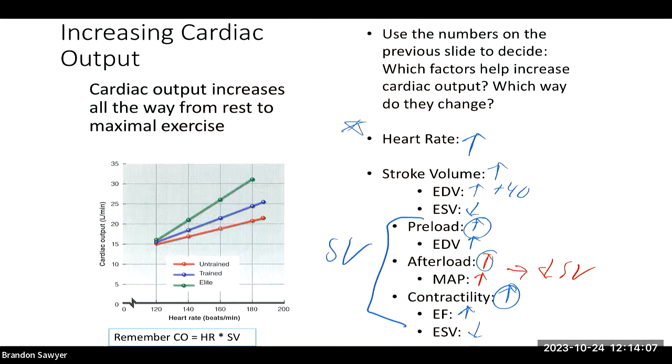But as afterload goes up, stroke volume actually goes down because it's harder to open up that aortic valve, right? We have less time of that aortic valve being open. But obviously during exercise, our stroke volume is going up. So it's just that these two pretty much override the increase in afterload. But we have to have that increase in afterload because that also means we have higher blood pressure and we can move blood around the body quicker, right? So we need that to happen.